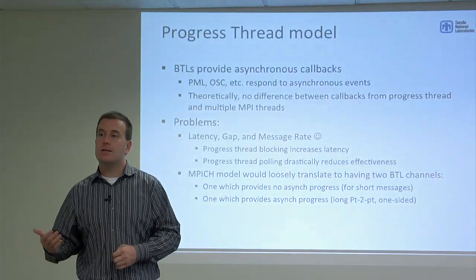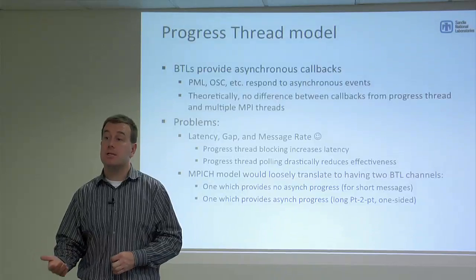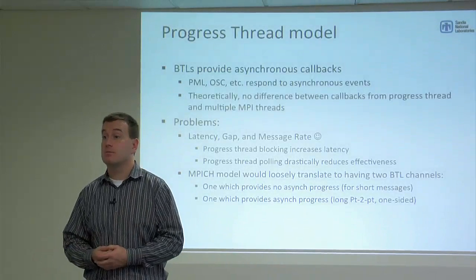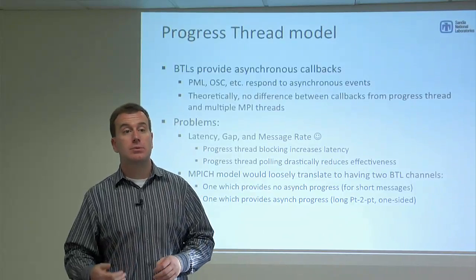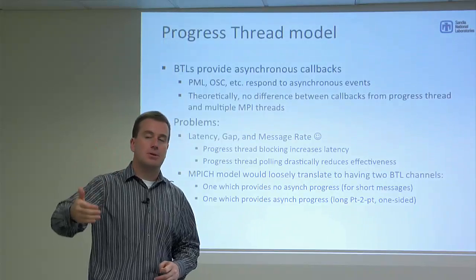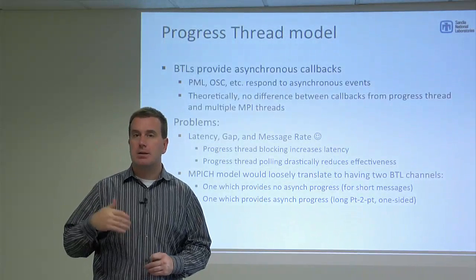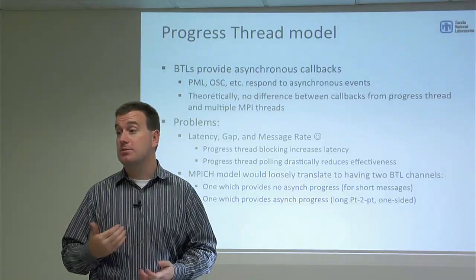And so that way the thread can be put to sleep without impacting latency of short messages. And so that's probably what we're going to go to, which again makes the upper layer more complicated, but also probably gives you the performance trade-offs that you're looking for. And so that's kind of it for the future plans. And so if there's any questions?